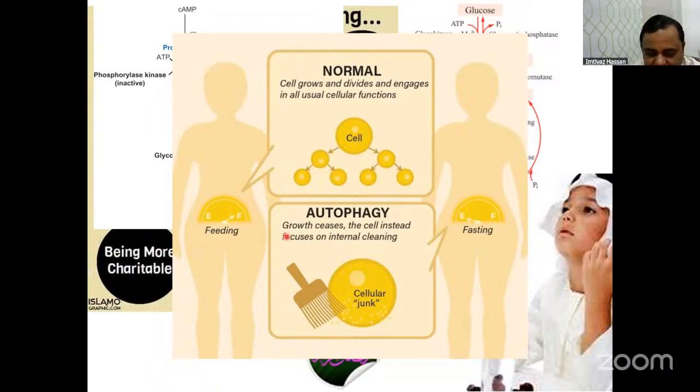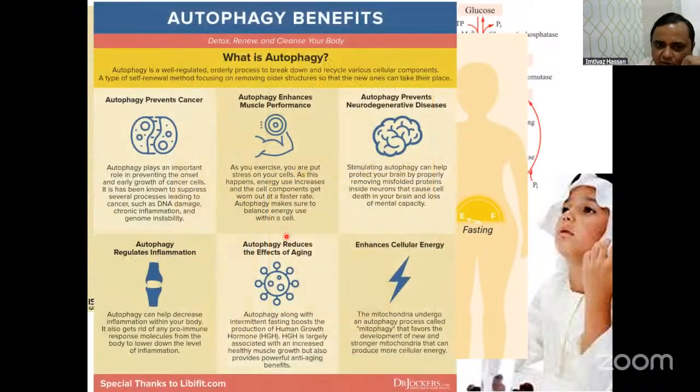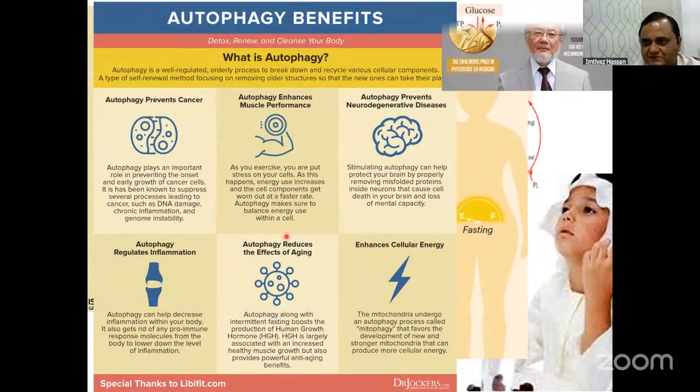So this is where the recent Nobel Prize was given to Ohsumi. He gave the concept that if you are fasting, autophagic activity becomes very high, and that kills those dead cells. That's why you have a much lower chance of developing cancer. This is what the Nobel Prize reported; I'm not telling it from my side.